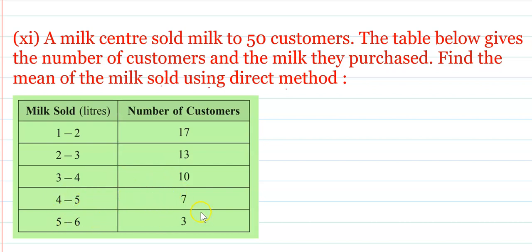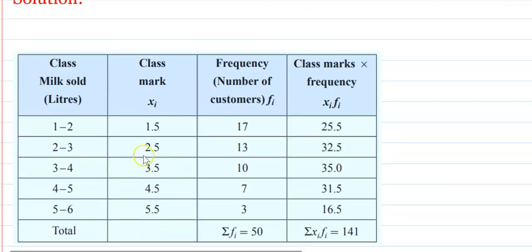Now let's make the table. First class, milk sold in liters, then class mark, frequency, class mark into frequency. आपल्याला क्लास इथे त्याने दिलेत 1 to 2, 2 to 3, 3 to 4, 4 to 5 and 5 to 6. क्लास मार्क आपल्याला तयार करायचे असतात.